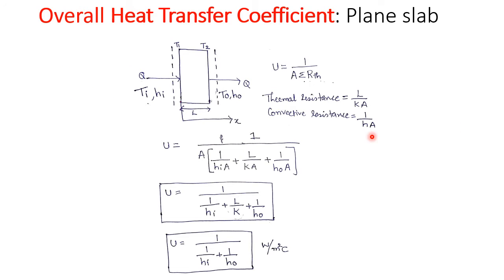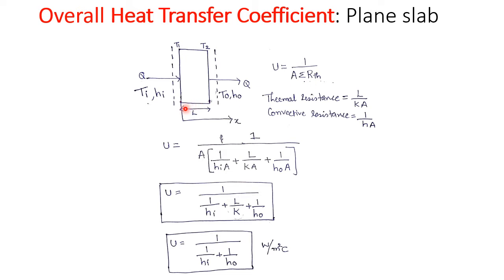So let us first study the overall heat transfer coefficient for the plain slab, where the overall heat transfer coefficient is given by U = 1 divided by A into sigma of thermal resistance, where U indicates the overall heat transfer coefficient, which we already studied in the first module.